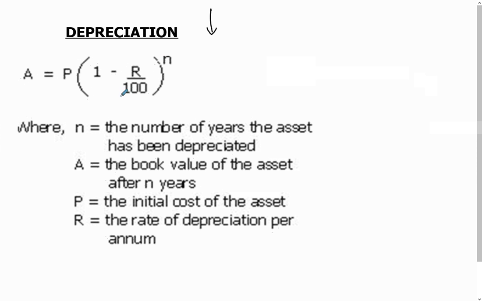So here you've got your principal times 1 minus your rate of interest as a decimal to the power of n. So that's the only difference. Your compound interest was 1 plus r to the power of n, and this is minus. All right, okay, let's do some questions.